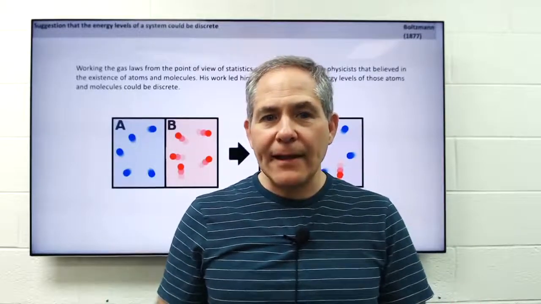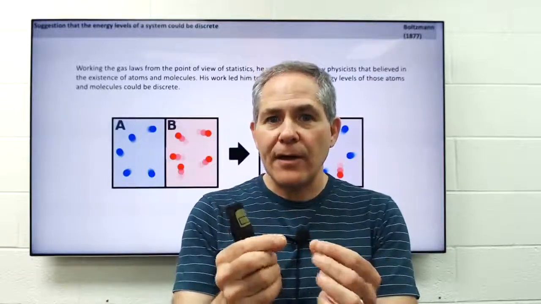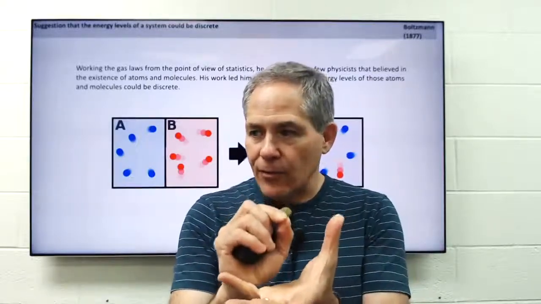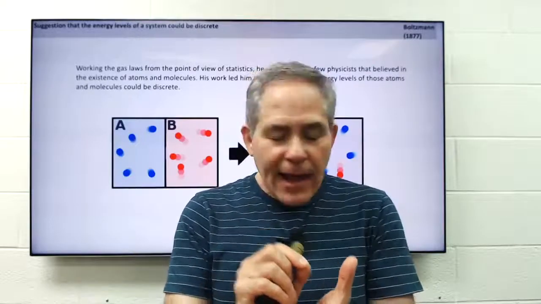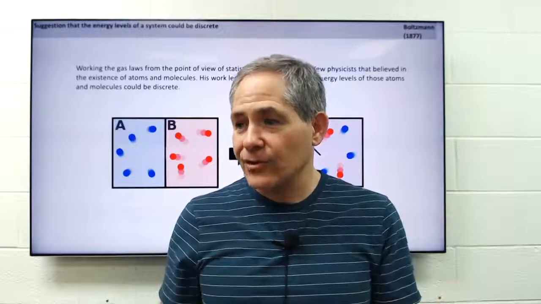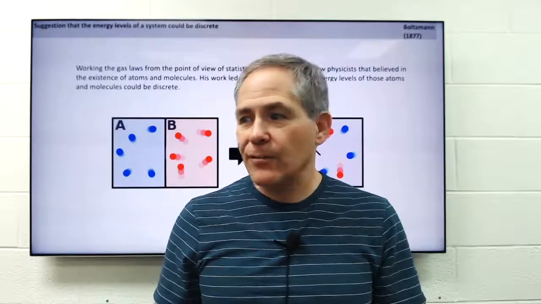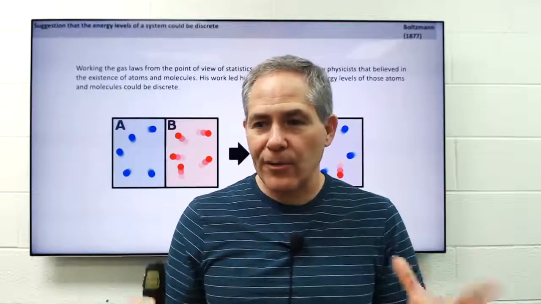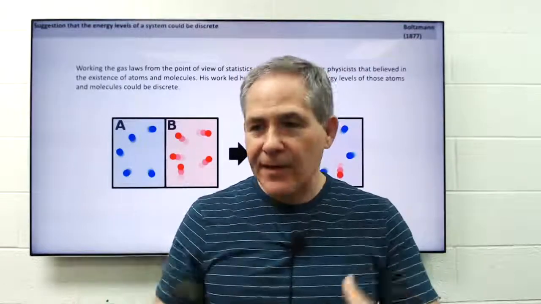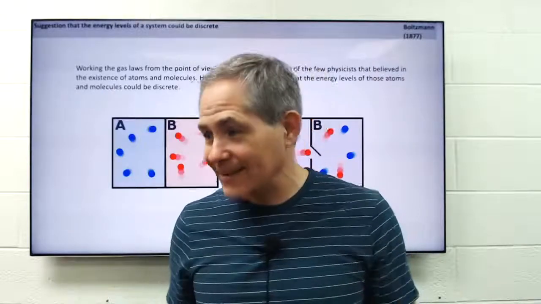To understand that, he imagined the gas as being made out of either individual atoms or molecules. By the way, he had major discussions with the publishers of journals because they would not accept his description of atoms and molecules. They would tell him that atoms and molecules are figments of his imagination and that there is no proof that atoms or molecules exist.